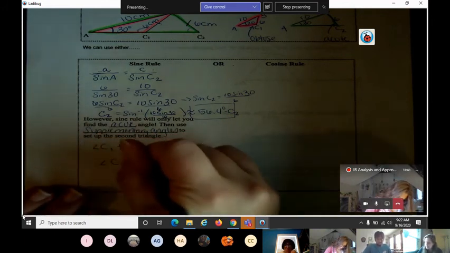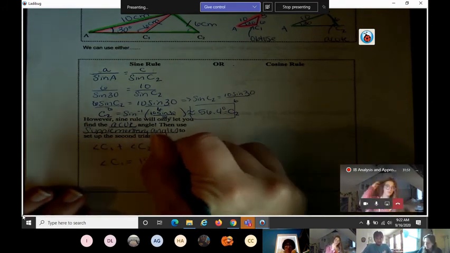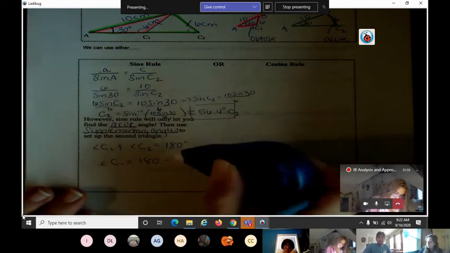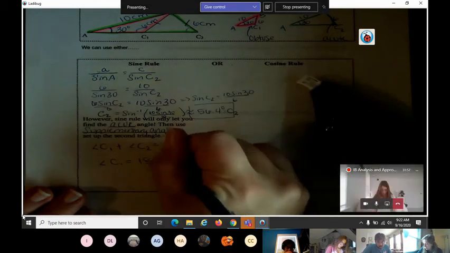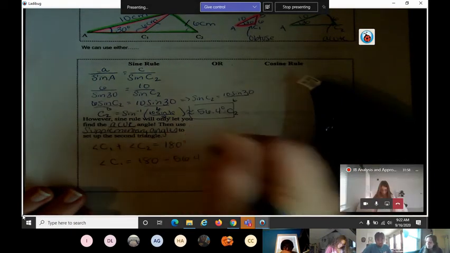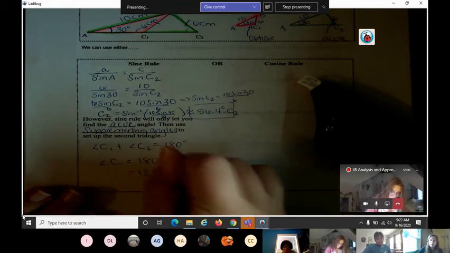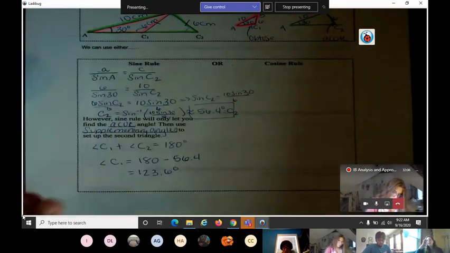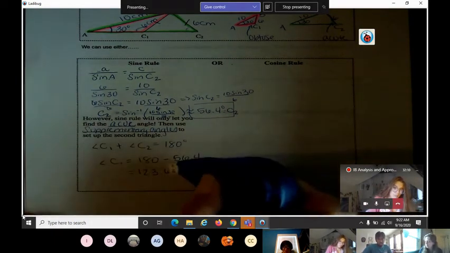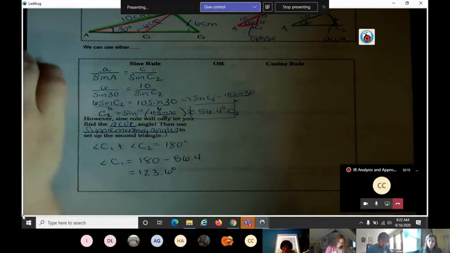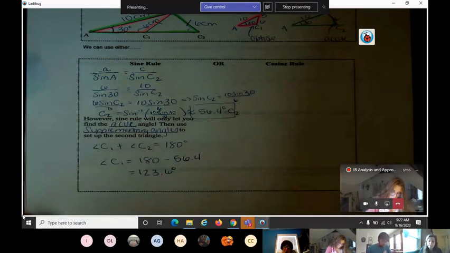That's going to be 180 minus 56.4, which is going to equal 123.6 degrees. Oh, my degree sign got real big.